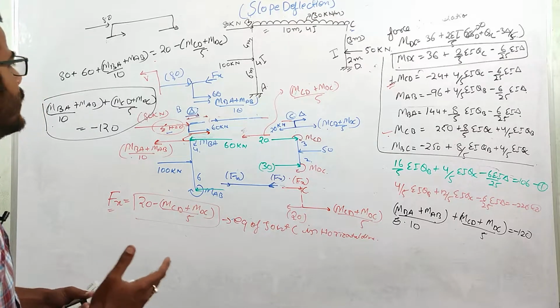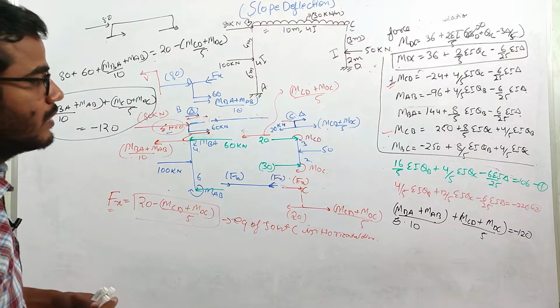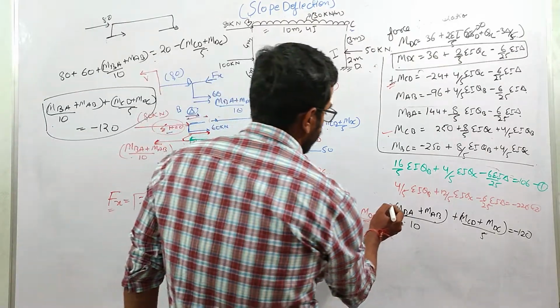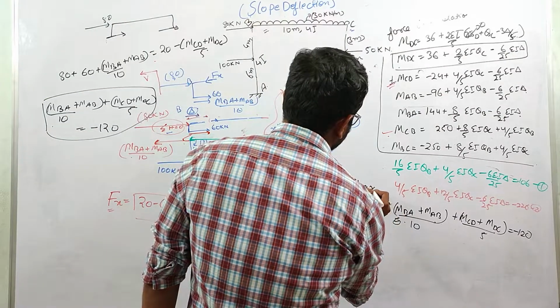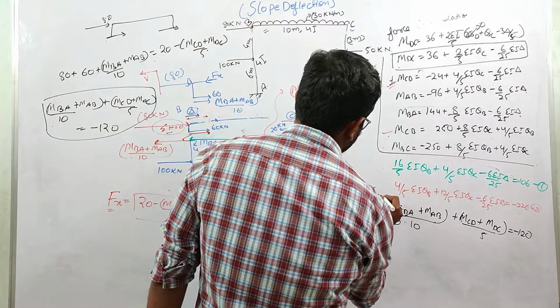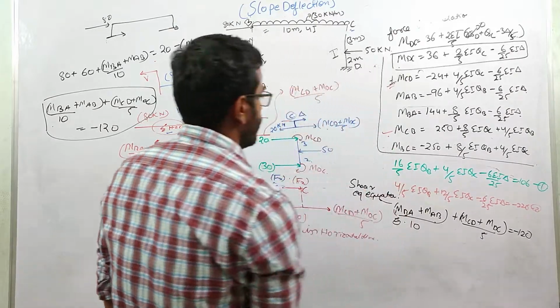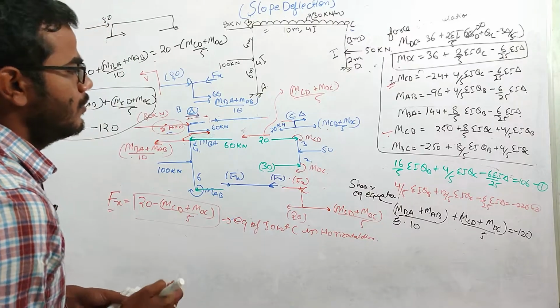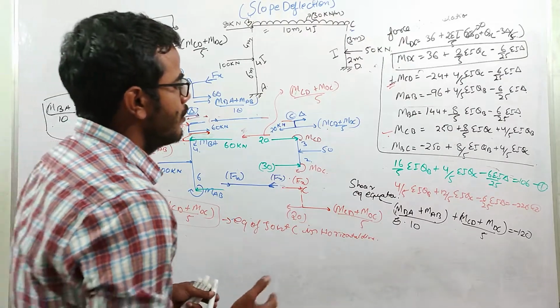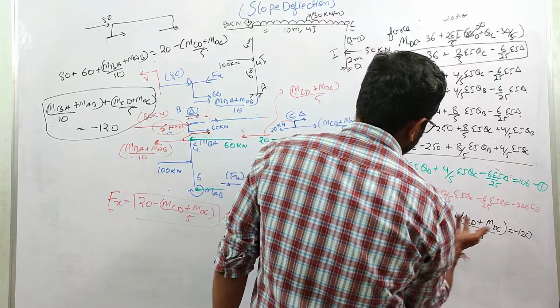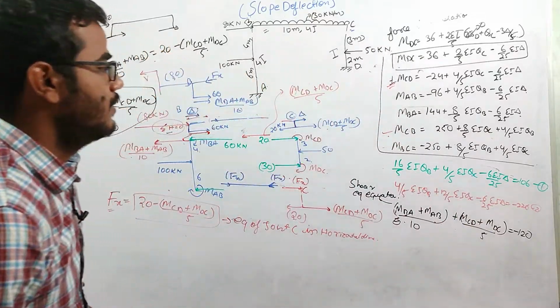This is also known as the shear equilibrium equation, right? Now what we will do is put the value of this MBA in this equation and get the value.